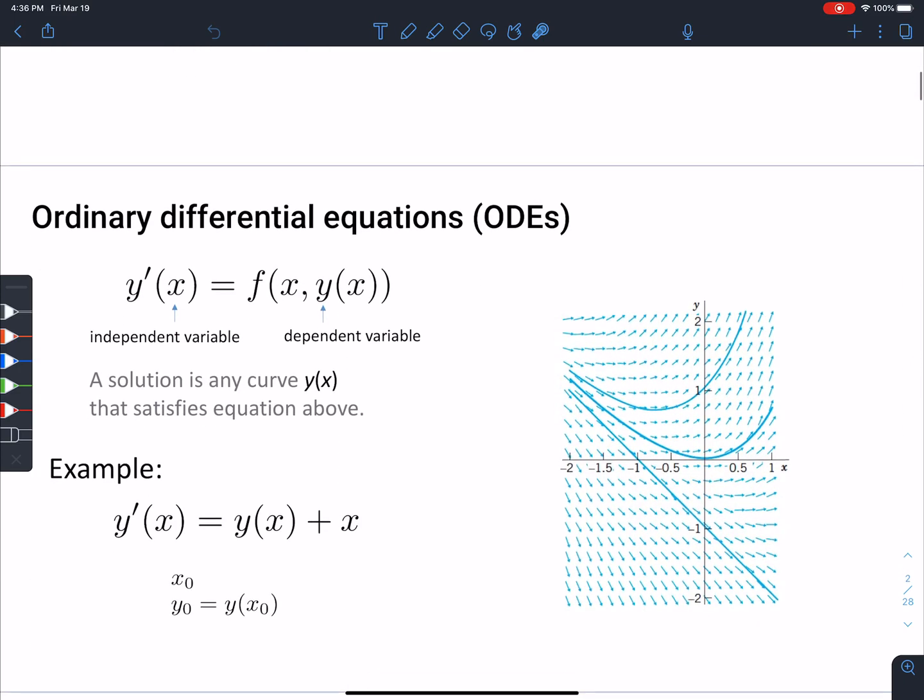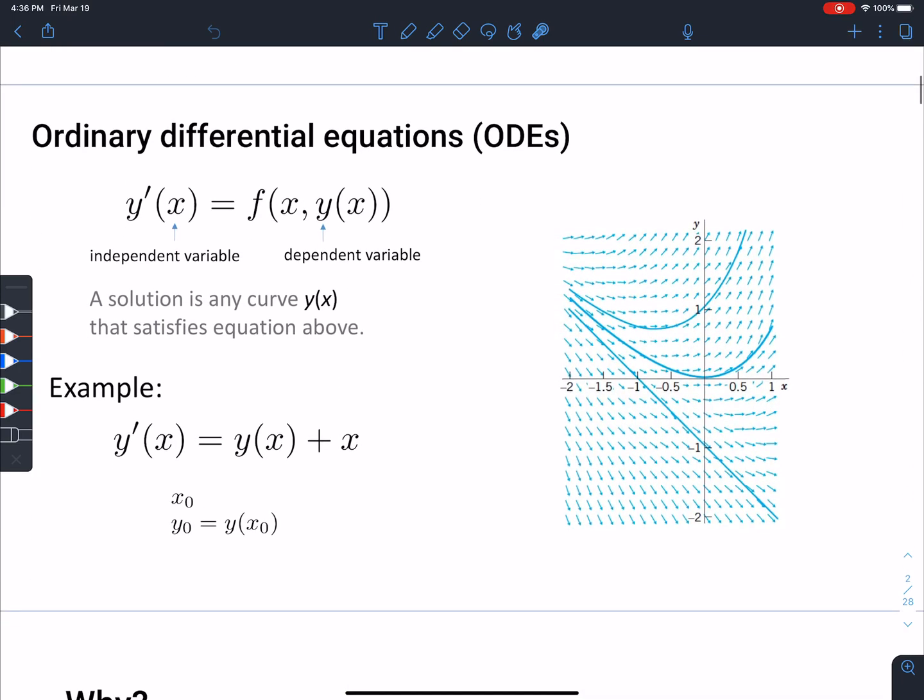So first of all, what are ordinary differential equations? An ordinary differential equation is an equation where the quantities we're interested in, for example, the relationship between the dependent variable and the independent variable, are expressed in differential form, in other words, with derivatives of the function of interest.